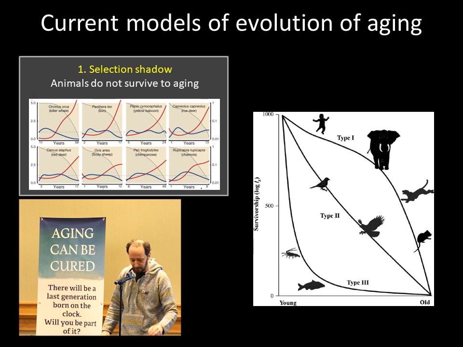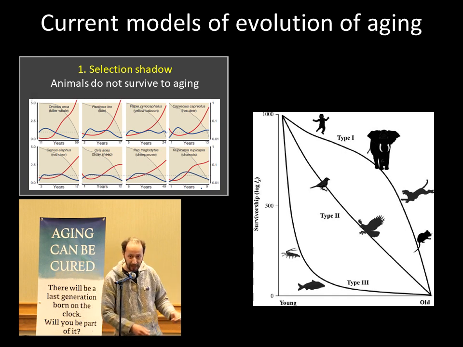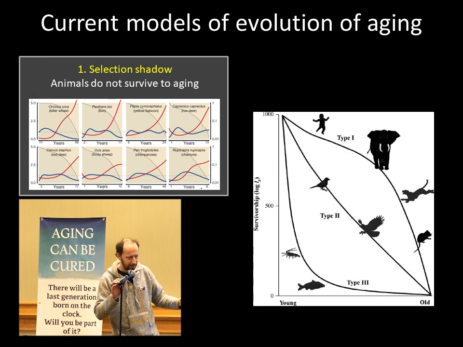If you look into any ecology book, you find this diagram. This is called survivorship curves. Almost all mammals have type 1 survivorship curve that shows that aging can affect survival in the wild.